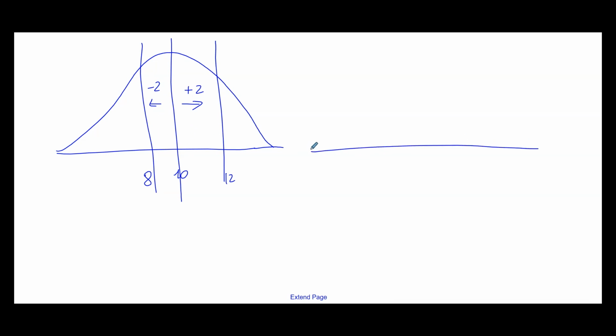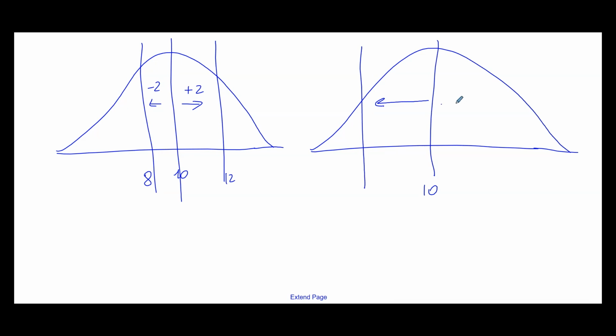Now, let's change that. We have 10, and let's make our standard deviation 5. That means if I go both directions by 5, here I'm going to have 5 and here I'm going to have 15.